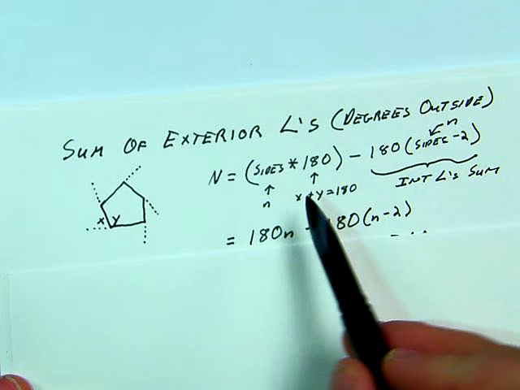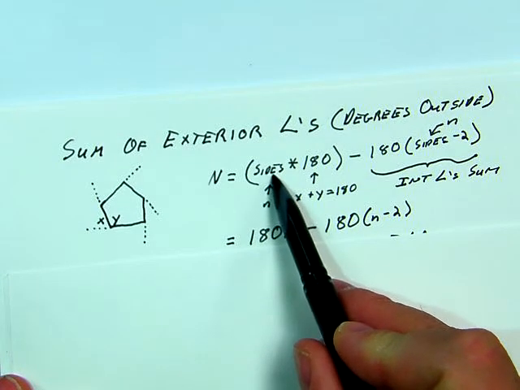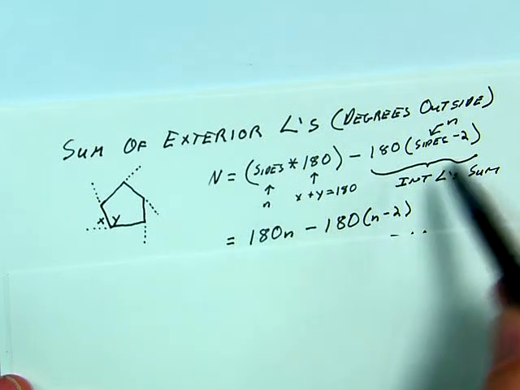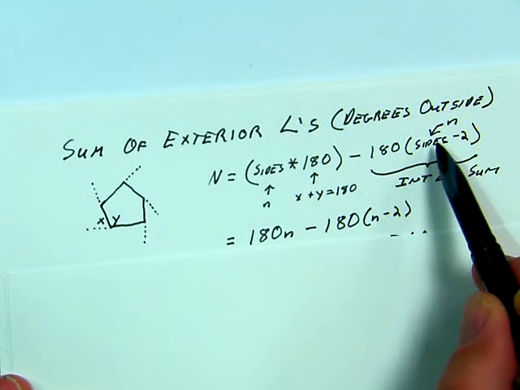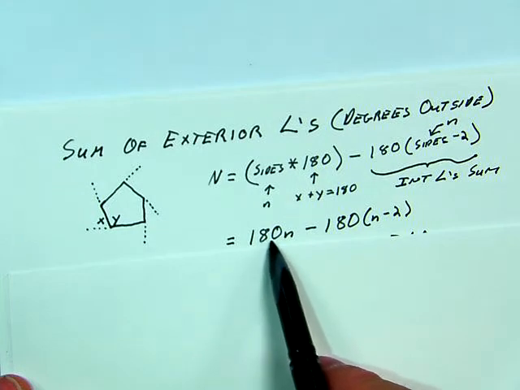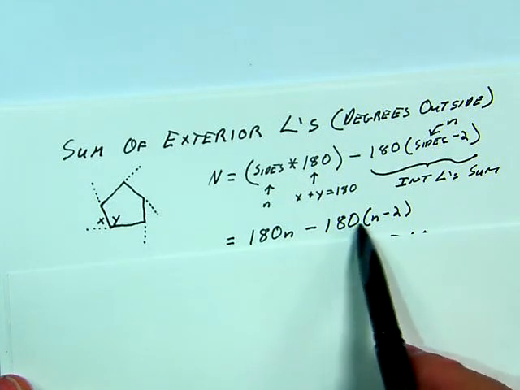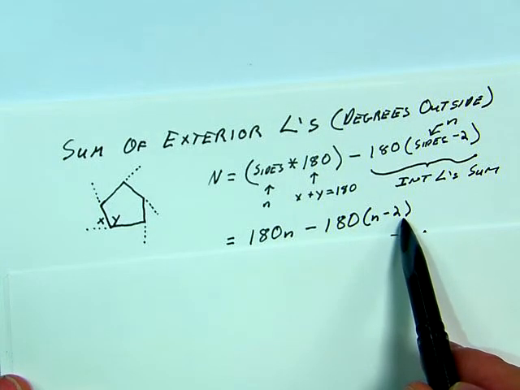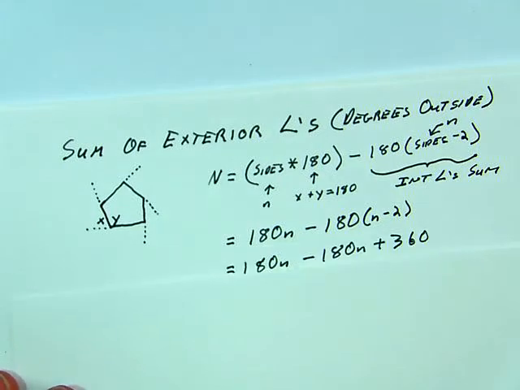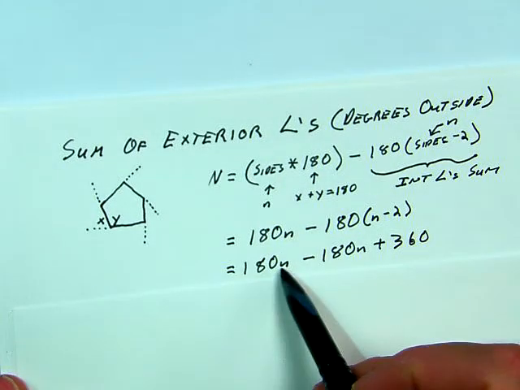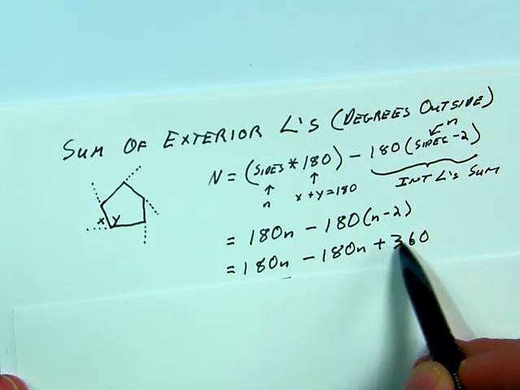So what happens here is, if I replace number of sides with small n, I end up with this equation: 180n minus 180 times n minus 2. I multiply that out, and I get 180n minus 180n plus 360.